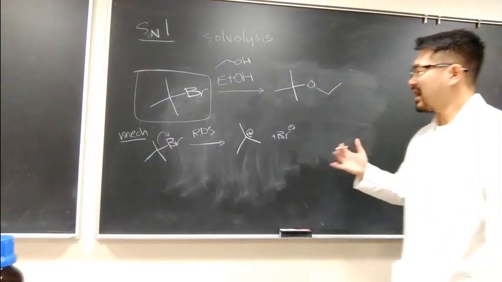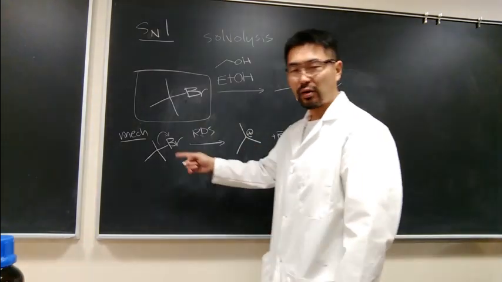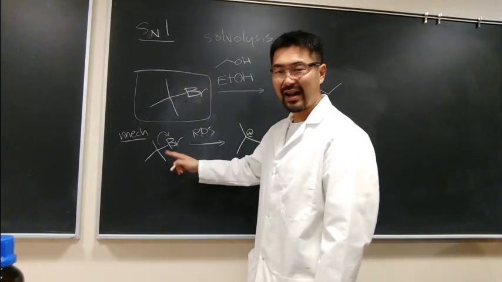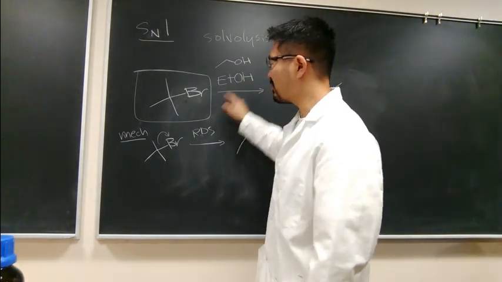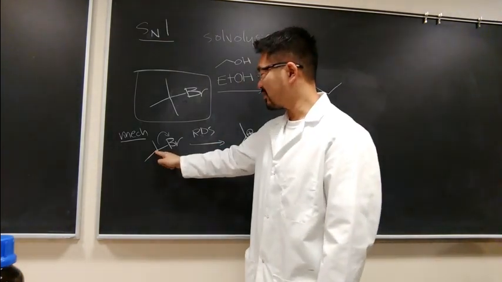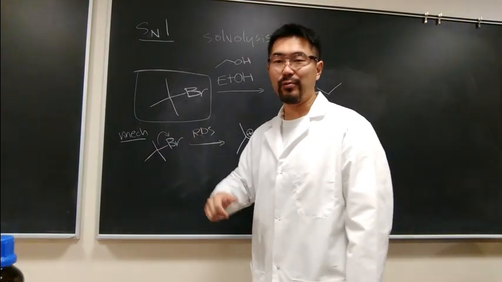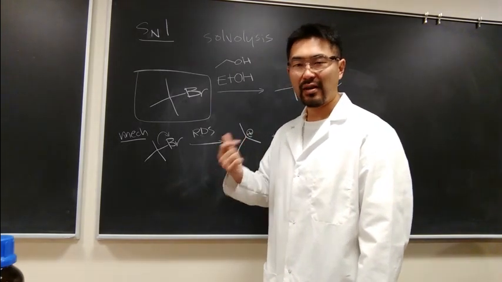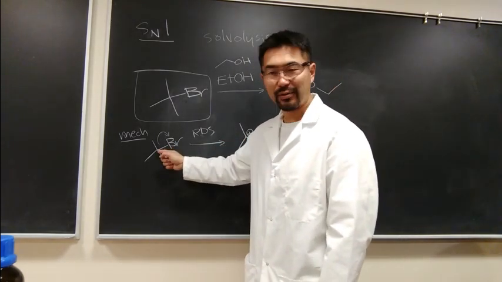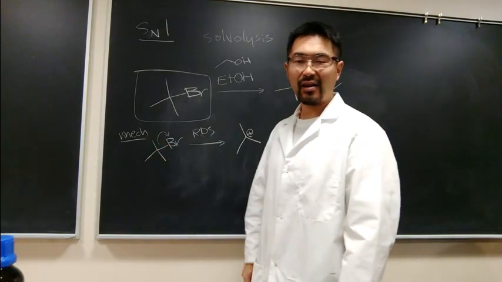Okay. Now that we have a carbocation, normally a tertiary bromide or tertiary halide is way too sterically hindered for any nucleophile to attack at this carbon. For this reason, this substrate would never undergo an SN2 reaction, because the nucleophile could never directly attack at this very crowded tetrahedral sp3 carbon.